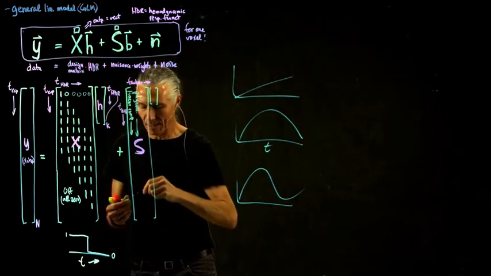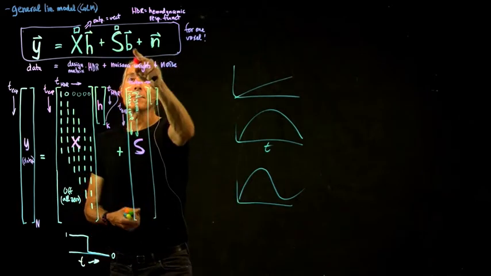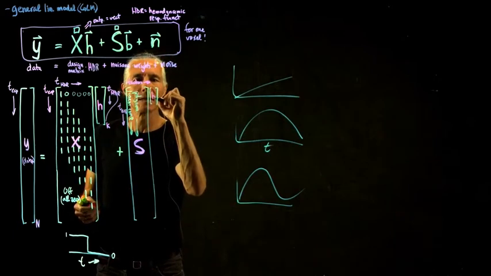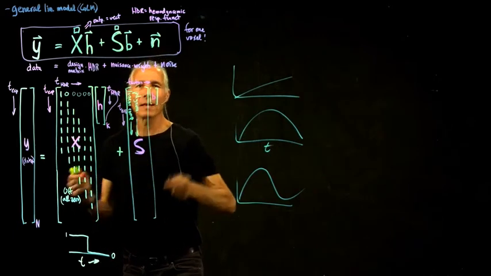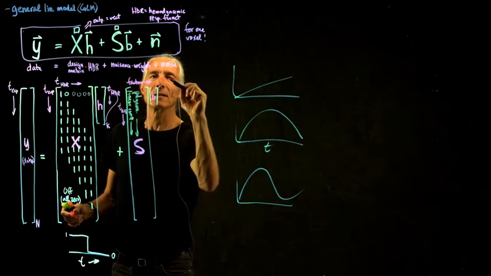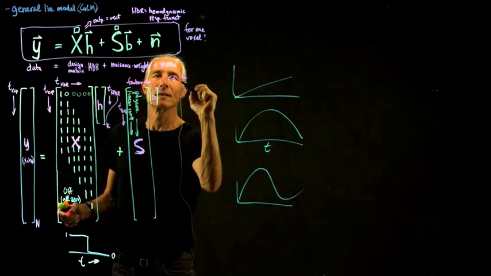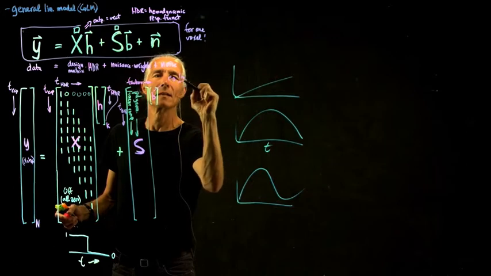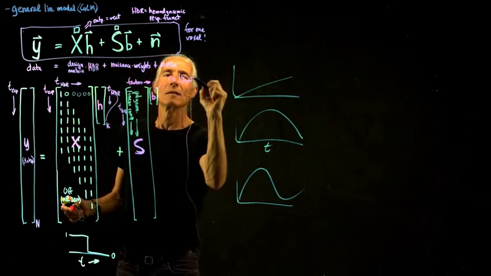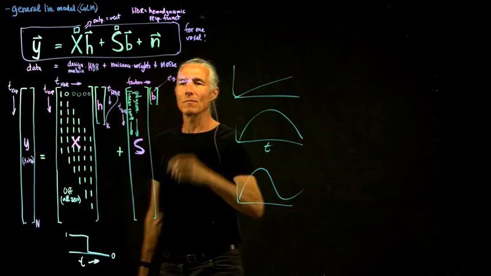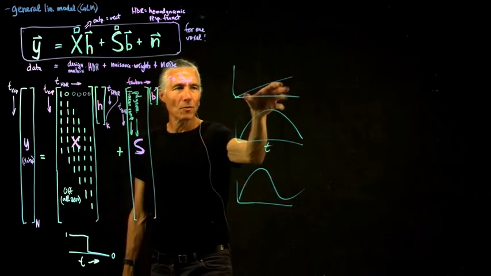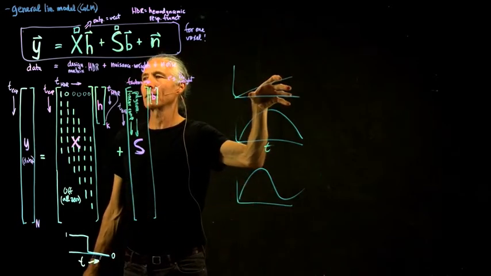And so those will be the weights. So this guy is the B matrix up here. It's B, and so that would be, for example, linear weight. That would be how strong was that linear response?